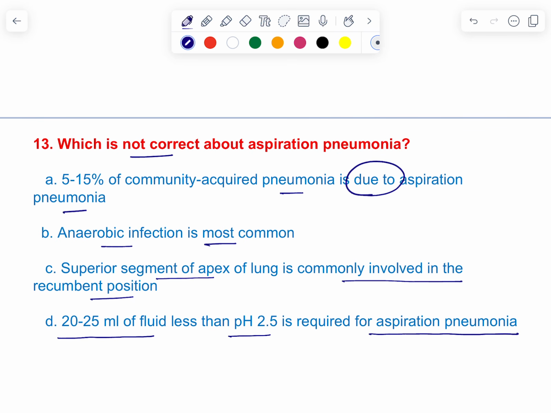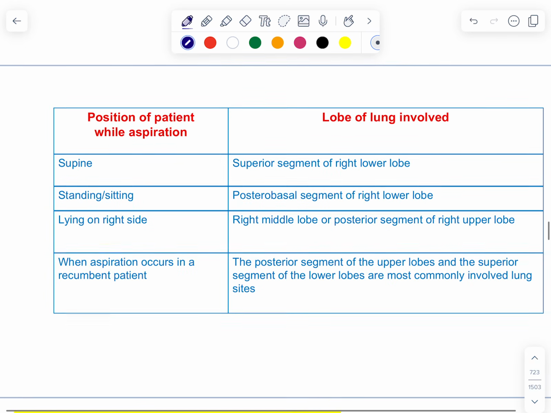When standing or sitting, the posterior basal segment of the right lower lobe is involved. Lying on the right side, the right middle lobe or the posterior segment of the right upper lobe is involved. And in recumbent position, the posterior segment of the upper lobes is affected. Let me show you that table, a very important table.